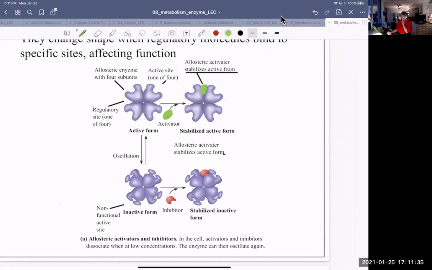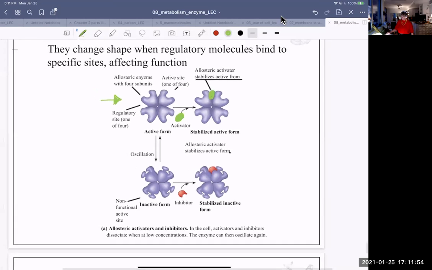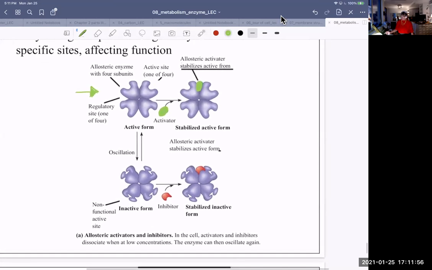It's the active form. It stabilizes the active form so that it will continue being active. So this is the active form here, stabilized by this particular molecule, whatever it happens to be. Maybe it's a mineral. So that's the activator. This is the inhibitor.